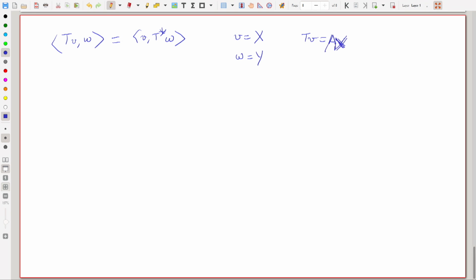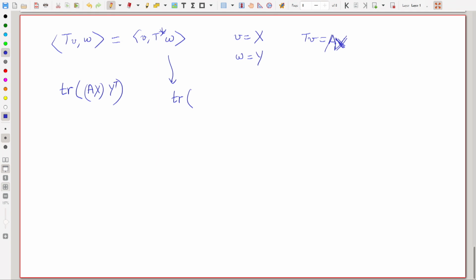Now let us compute the left hand side. Left hand side is the inner product, so it is trace of AX into Y transpose, since w is Y. That is my left hand side.